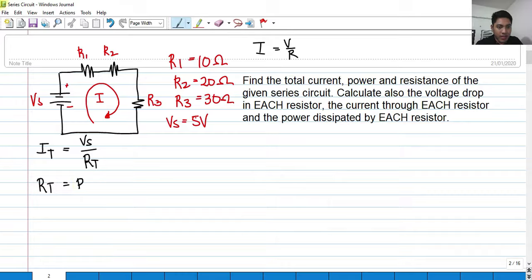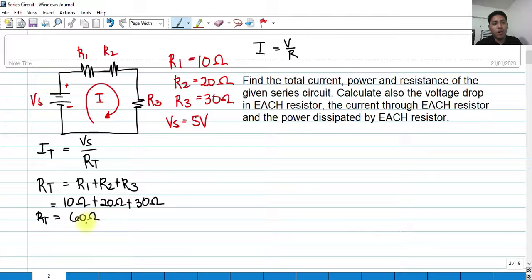The total resistance of this series circuit is simply the resistances of all the resistors added. So we have 10 ohms for R1, 20 ohms for R2, 30 ohms for R3, and 10 plus 20 is 30, 30 plus 30 is 60 ohms. So we have a total resistance of 60 ohms.